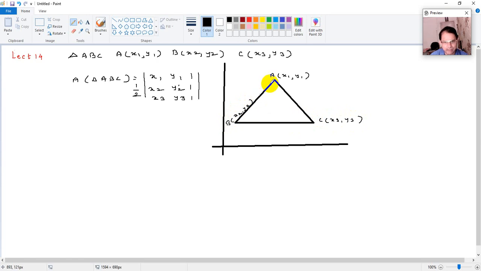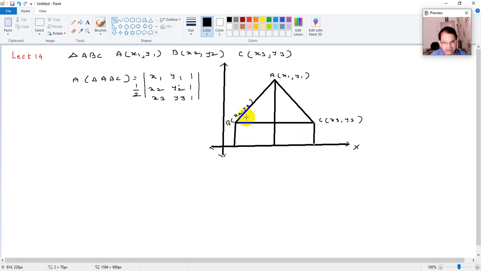Now from the vertices A, B, C, we will drop perpendiculars on the x-axis. These are the x and y axes. We drop a perpendicular from A to the x-axis, then from B also to the x-axis, and from C to the x-axis, like this.